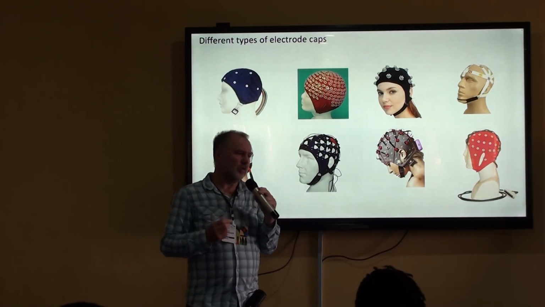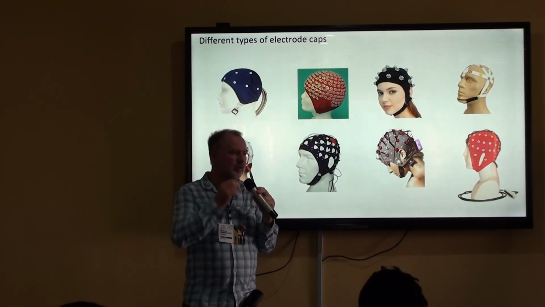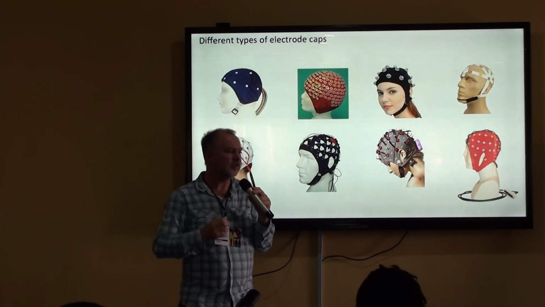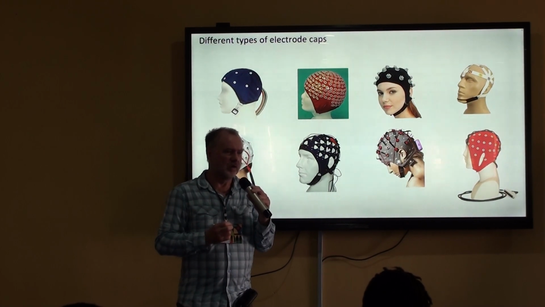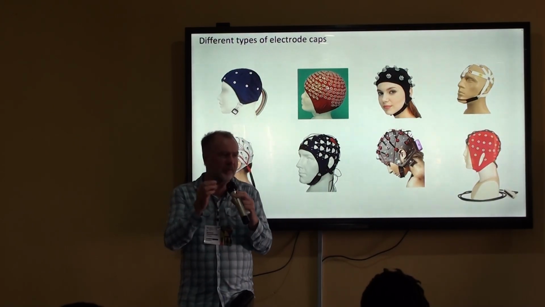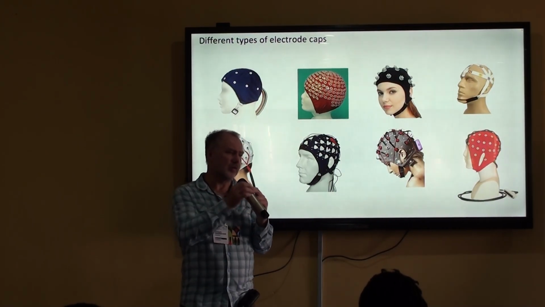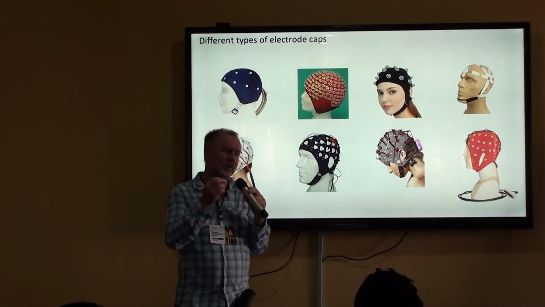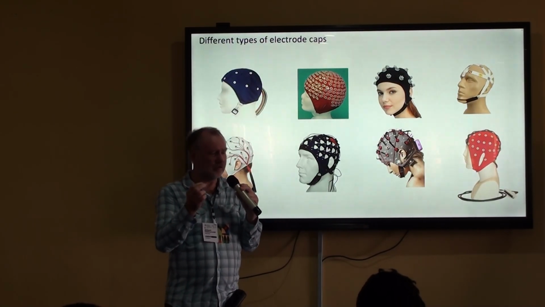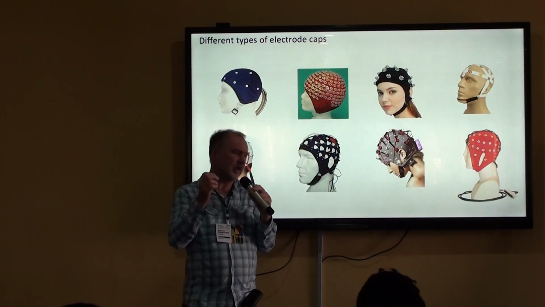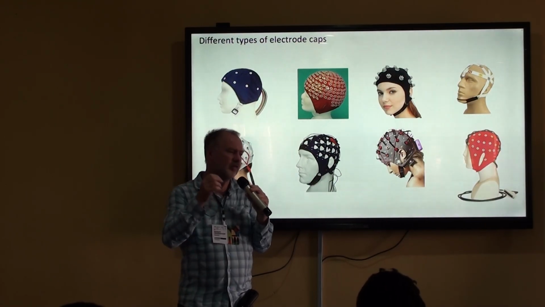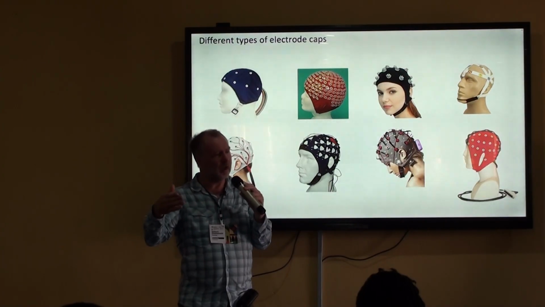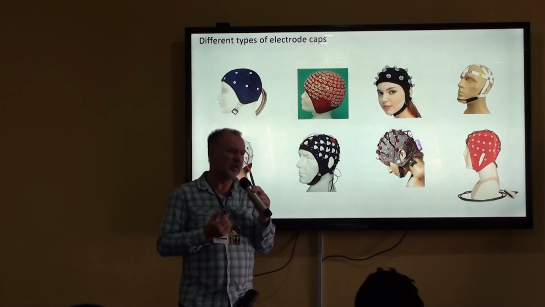So that is typically done with the cup electrodes that are glued in between the hair, because they can stay in the hair for a long time without losing their signal quality. The salt-based electrodes, they dry out. So salt-based electrodes are good for a recording of, say, half an hour up to an hour. The gel electrodes, they don't dry out that fast, but eventually they will also dry out. So the length of the recording is also a consideration.